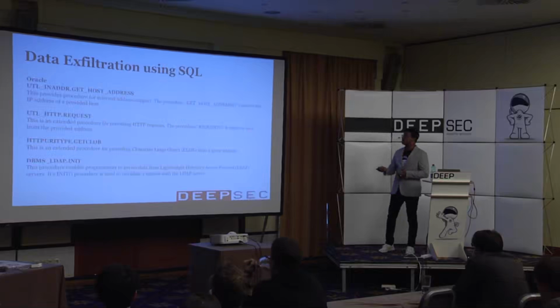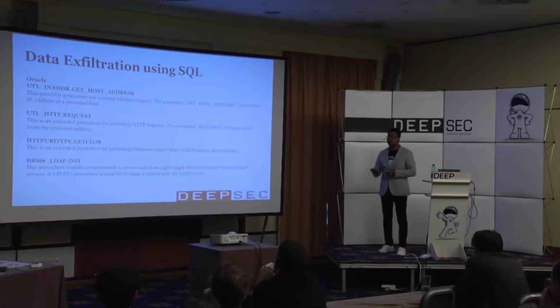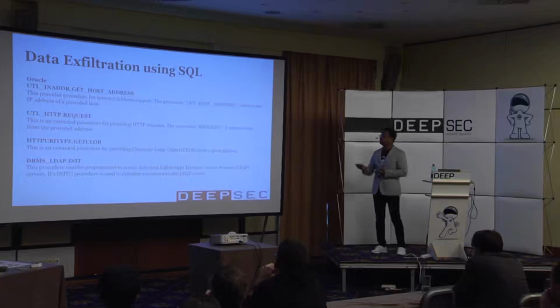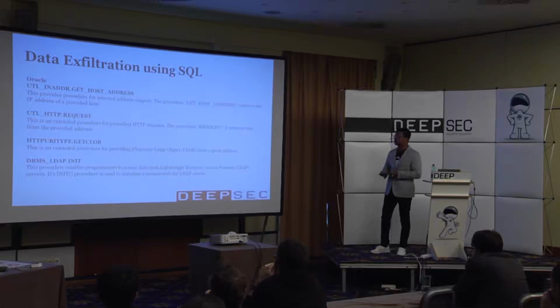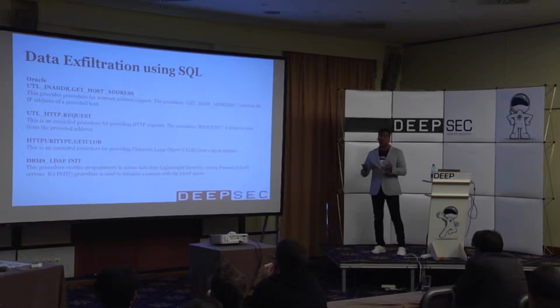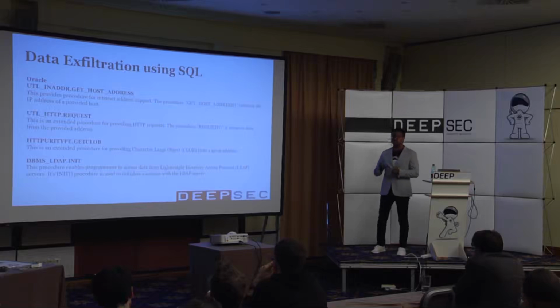And apart from that, in Oracle we have get host address, which just gives out the IP address, and then UTL HTTP request is how you can specify which type of request you want, get or post. Then HTTP URI type, getclob. Getclob is one of the character data types used in major databases like Oracle.